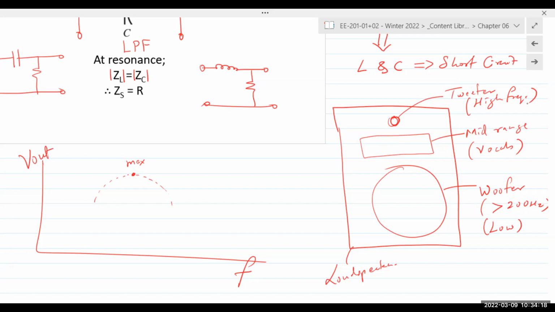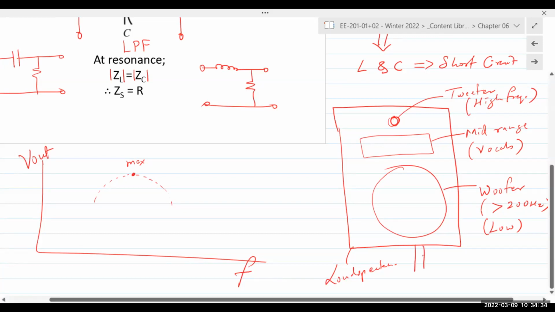The way this relates to us is that this is a real life example of a filter circuit. If you look at the back of any of these speakers mounted on the wall or ceiling here, you will see one cable going in. That one cable has two wires, plus and minus, but it is connected to all three of these drivers.